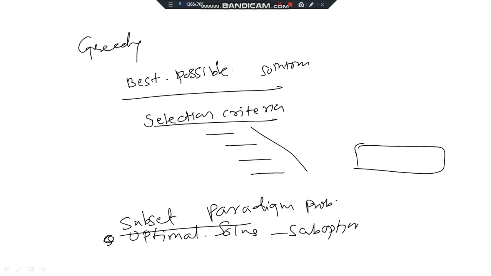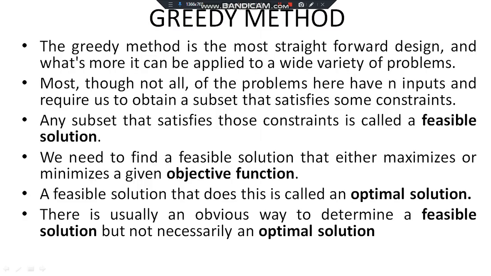These are the parameters which the greedy method solves. I would like to give some examples over here, so let us have a brief discussion on this. The greedy method is the most straightforward design, and what's more, it can be applied to a wide variety of problems. So it is the most famous algorithm design technique for optimization problems.